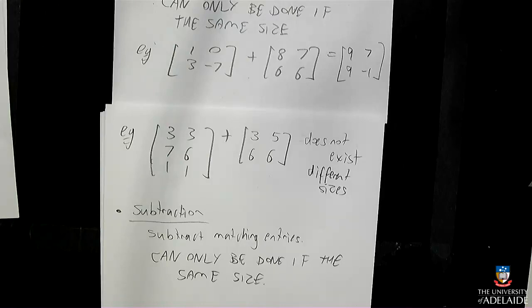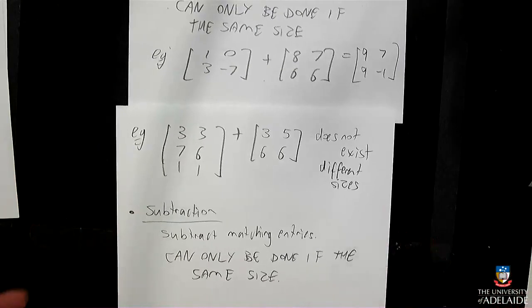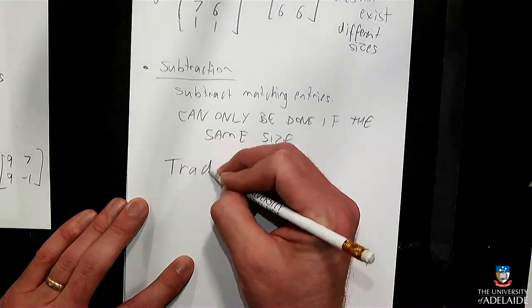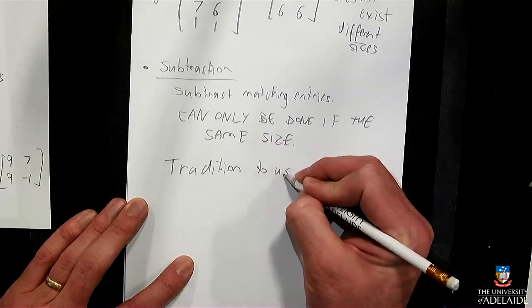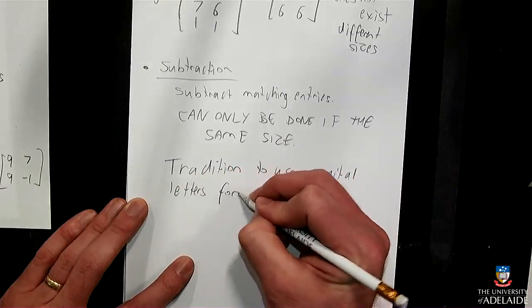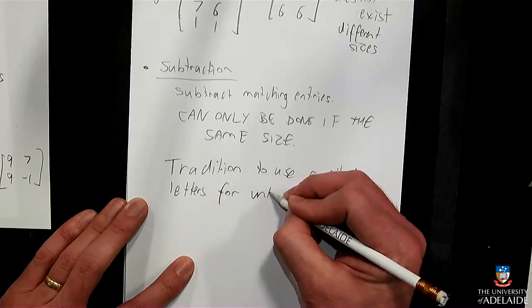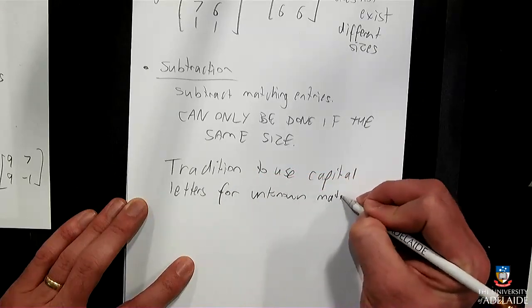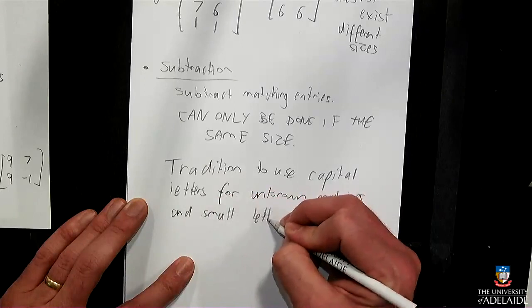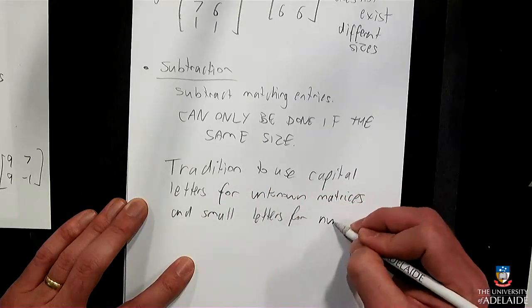And so it's worth pointing out at this stage that when you want to refer to a matrix, an unknown matrix, or even a known matrix, you normally use a capital letter, and we use small letters for ordinary numbers. Capital letters for unknown matrices, and small letters for numbers.